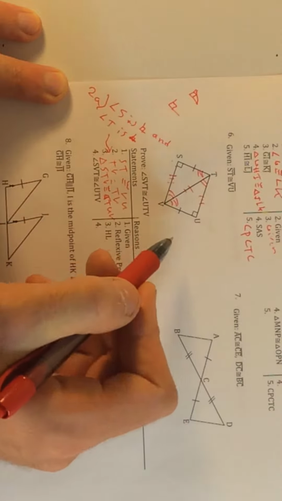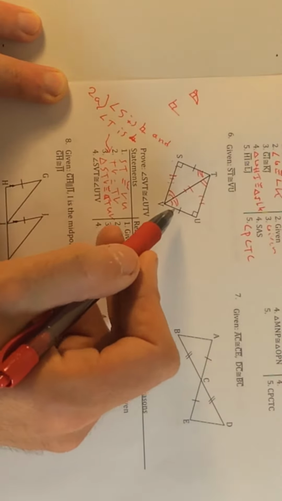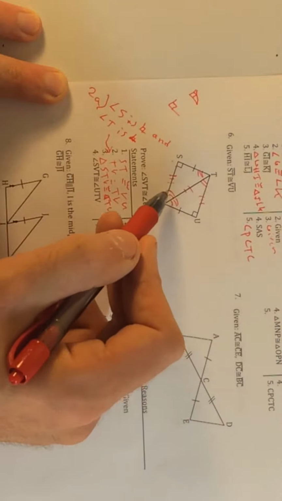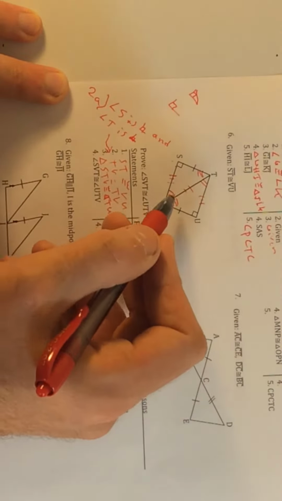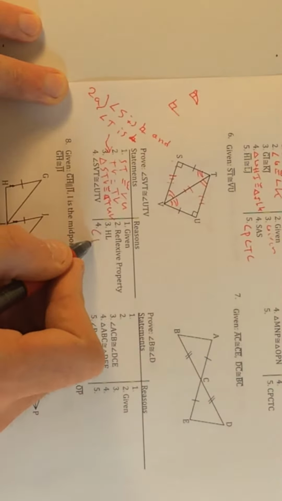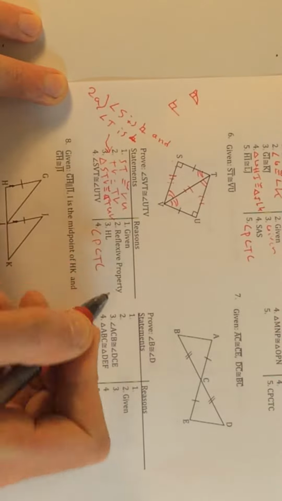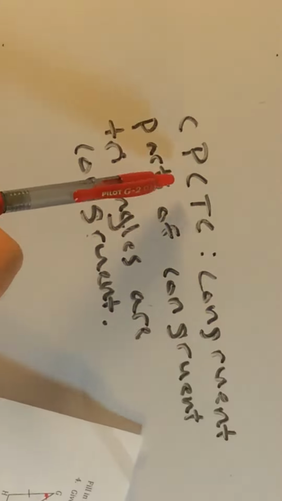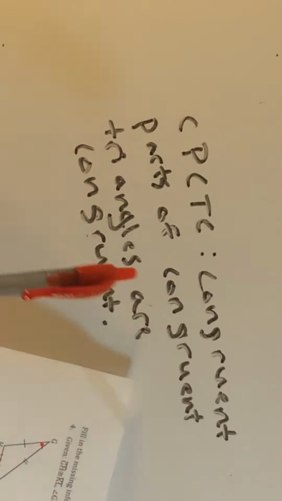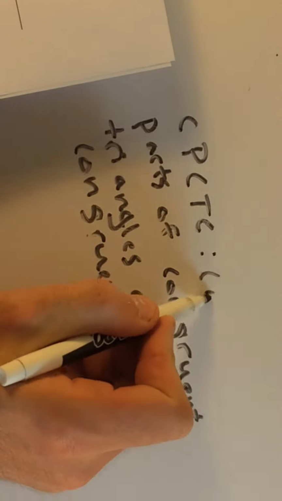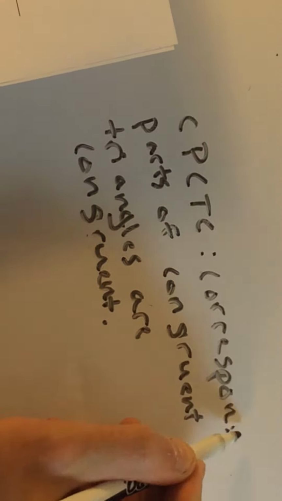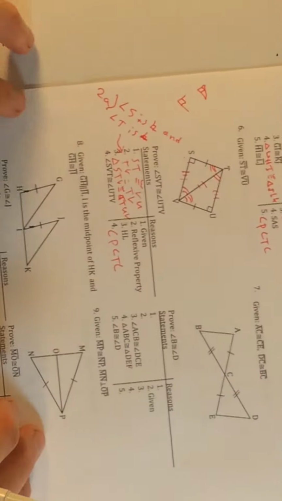So SVT is congruent to UTV, because these are corresponding parts on congruent triangles. So therefore, these parts must be congruent. Again, I just shorten that as CPCTC. And remember, CPCTC stands for corresponding parts of congruent triangles are congruent.